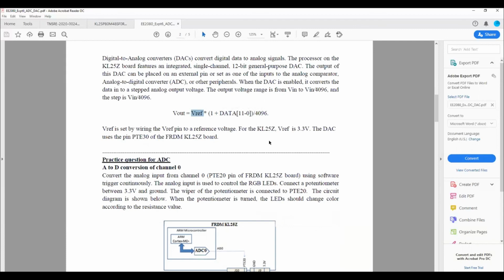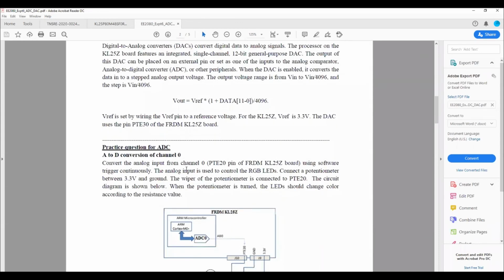So in case of our board, Vref is 3.3 volt total. And then based on the value that you get, you can find out what analog voltage it represents. This is a digital value, 12-bit digital value, for example. And this 4096 comes from this 12.